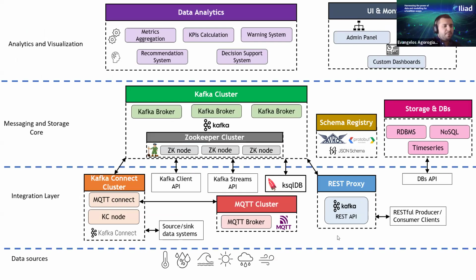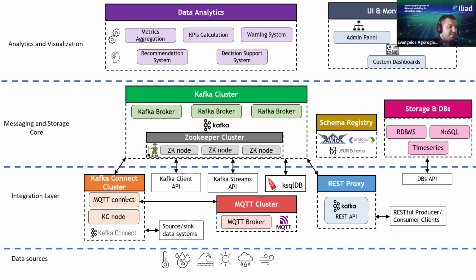So for our platform, we will start from the integration layer, which lies between the data sources and the core part of the platform. It is the layer that facilitates the seamless data flow and interoperability between the different systems, and ensures that all the data are ingested properly, can be processed, and can be queried efficiently.